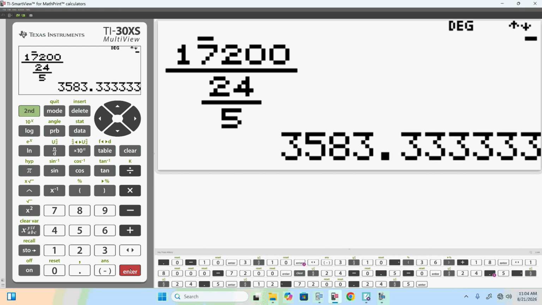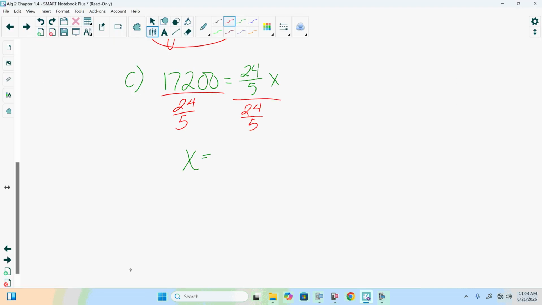We'll just say 3,583. That's close enough. Is that hours? Minutes? Seconds? So it takes approximately 3,583 seconds to travel 17,200 miles.